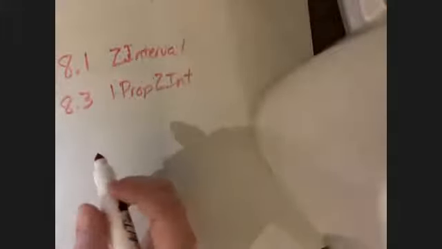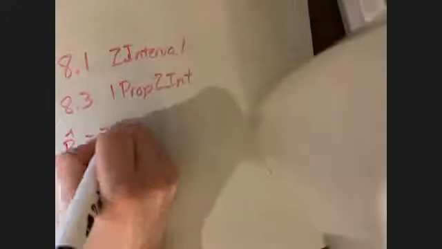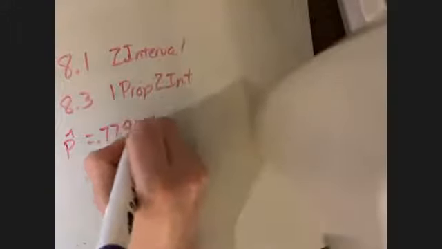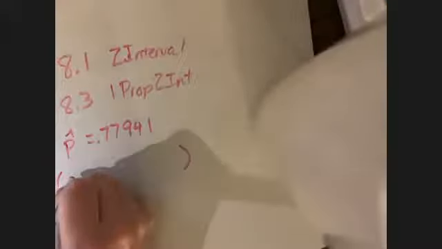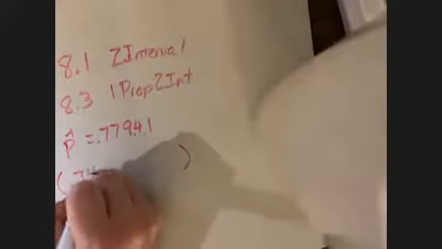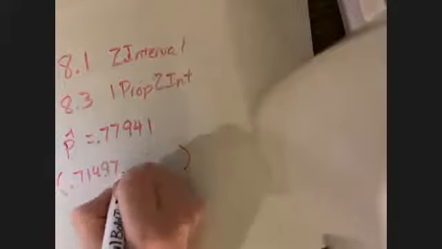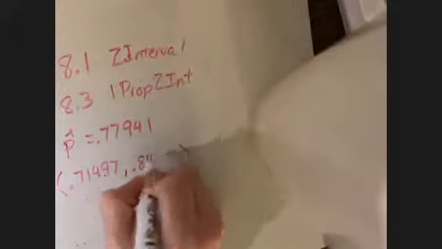Okay, so one of the things is they gave us that p hat was 0.77941 basically, and then we had our interval was 0.71497 to 0.84385.